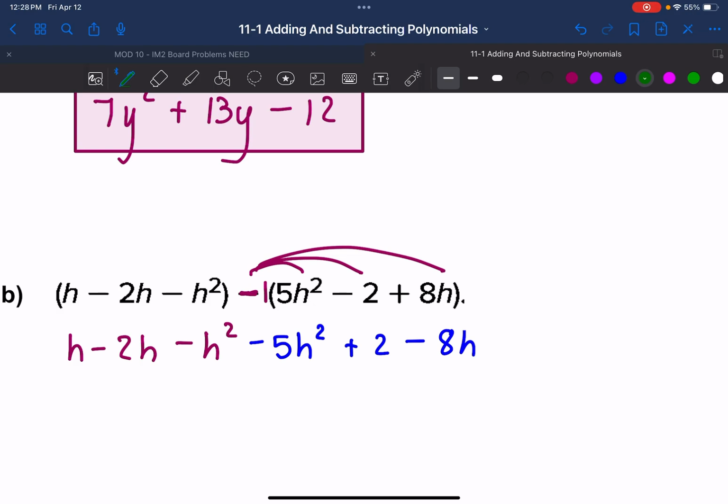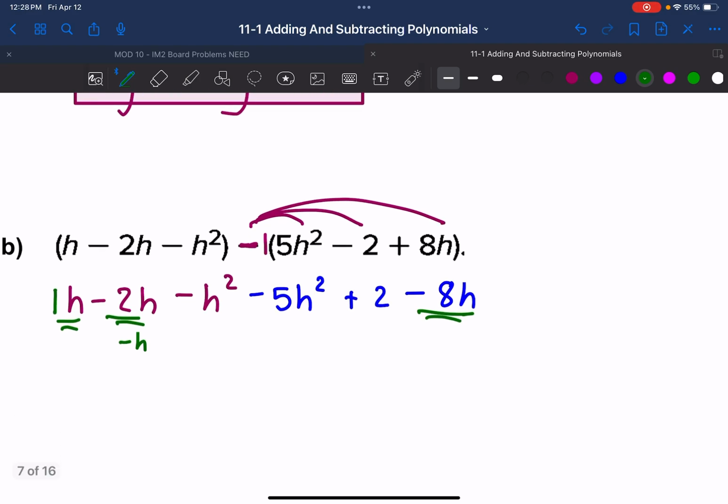So we have, notice this is a 1h minus 2h's, which gives me a -h, and we also have minus 8h, so we should have a -9h. Then I have my h squareds that can be combined, and that would be a negative 6h squared.